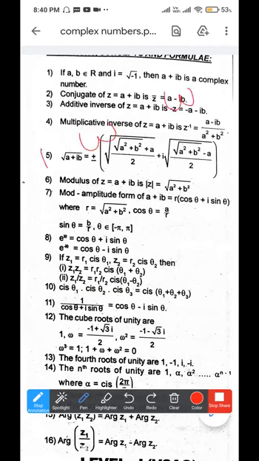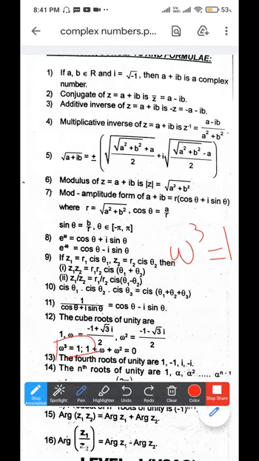Then omega square and omega cube. 1 is 1, you know what is 1. But the value of omega is minus 1 plus root 3 i by 2. The value of omega square is minus 1 minus root 3 i by 2. And the value of omega cube is 1.